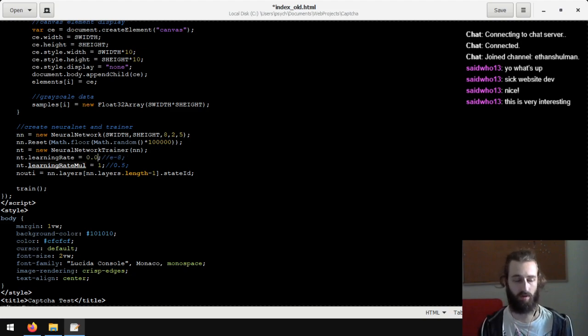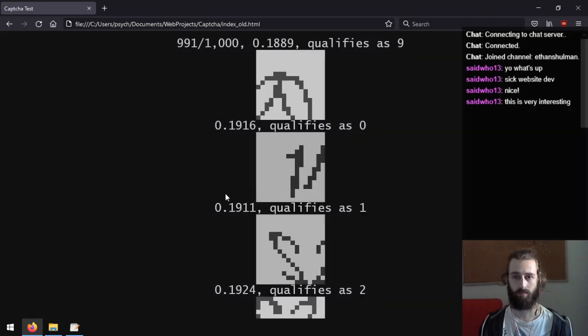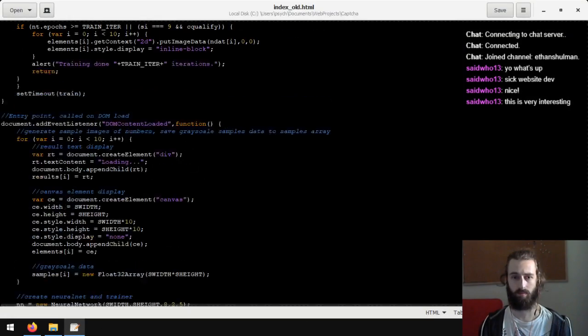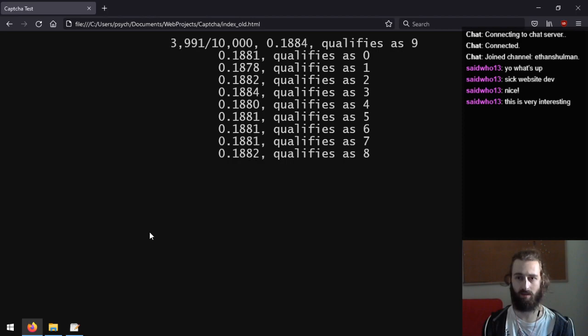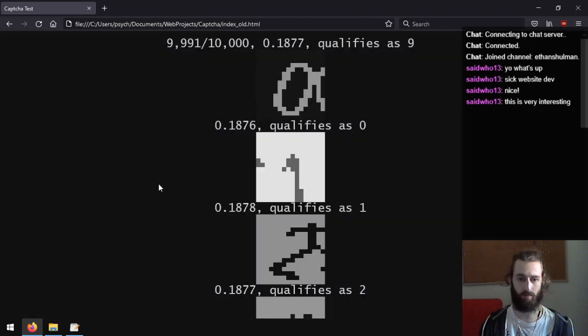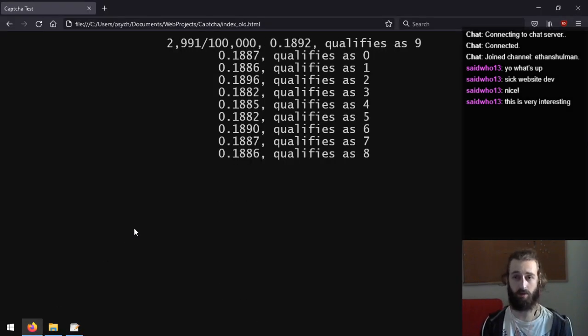So now let's try a higher learning rate. Yeah, it actually does not seem to be training well, even with these simple CAPTCHAs. I think I'm going to change up the neural net.